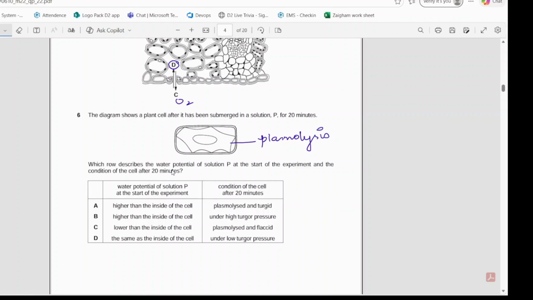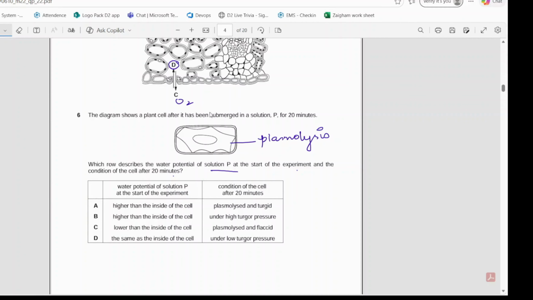Which row describes the water potential of solution P at the start of the experiment and after 20 minutes? At the start of the experiment, the water potential would be high inside the cell. And after this, it would, wait, what is P?